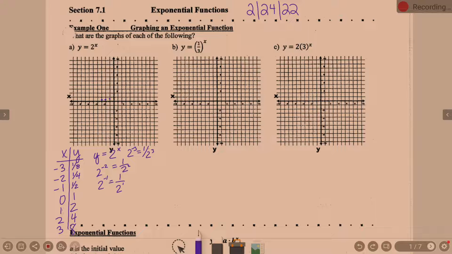Okay, left to right 0, up 1. 1, 2. Right 1 up 2. 2, 4. Right 2 up 4. 3, 8. Right 3. Up 8.